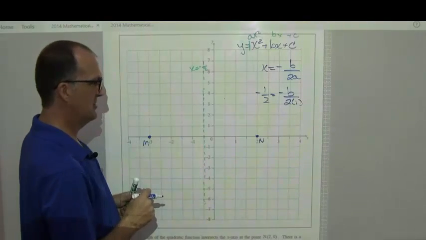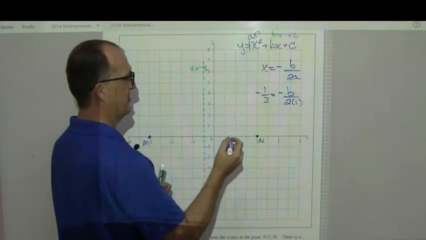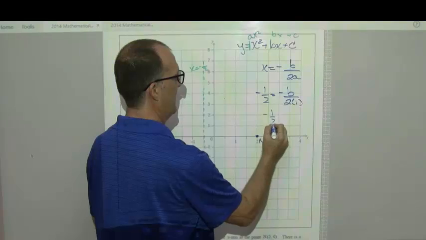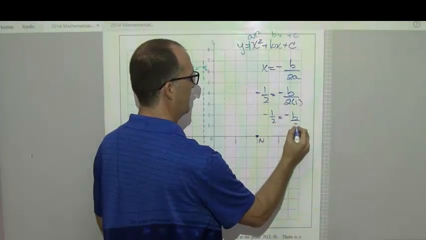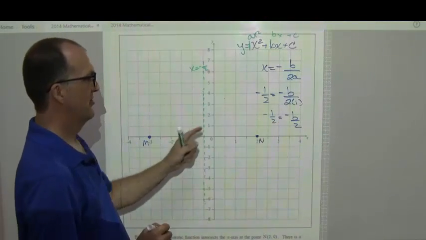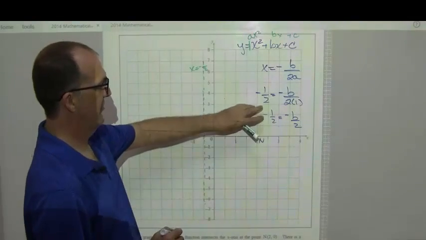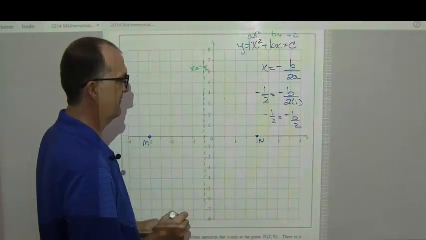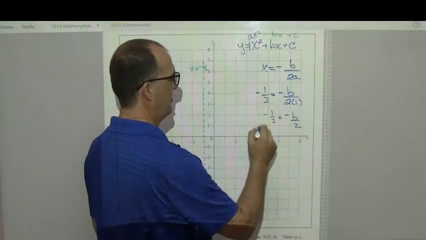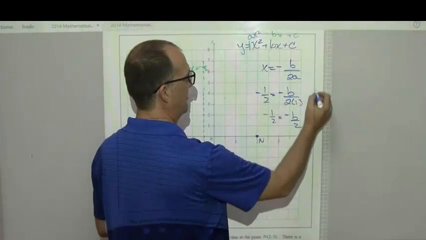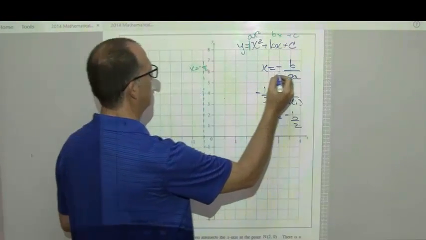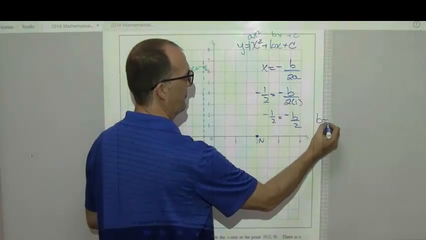-1/2 equals -b over 2 times 1. And could it be so nice that -1/2 is supposed to equal -b over 2? So clearly b has to be 1, so that -1/2 equals -1/2. I can cross multiply and continue to solve, but really I see that b equals 1.